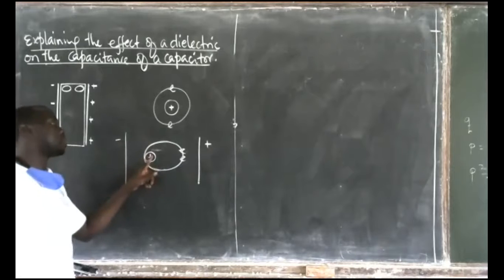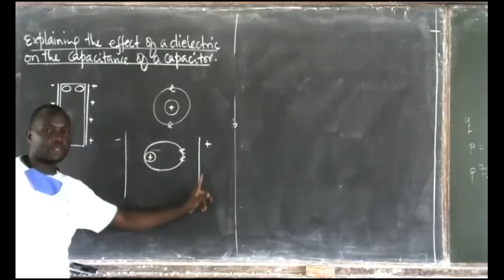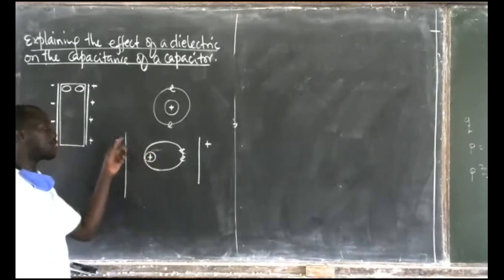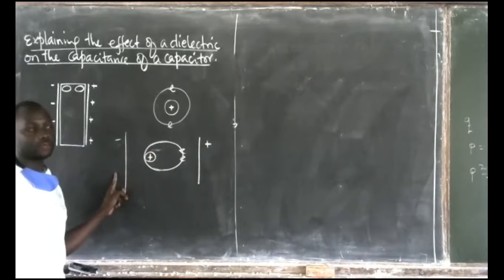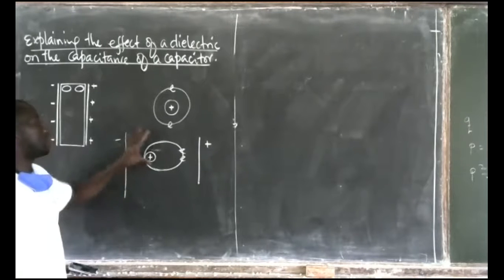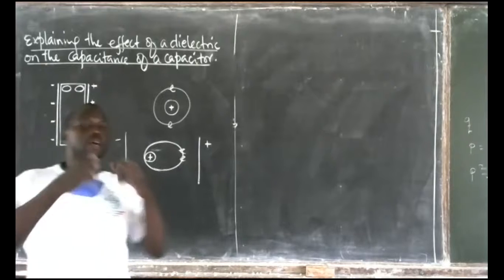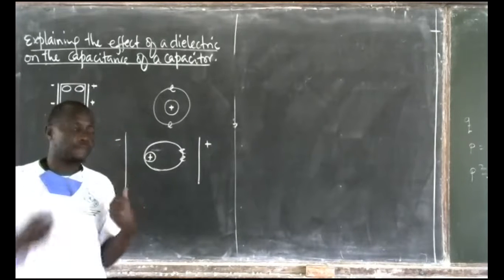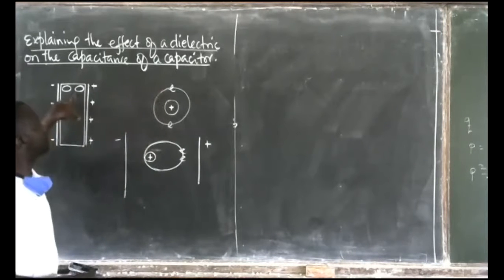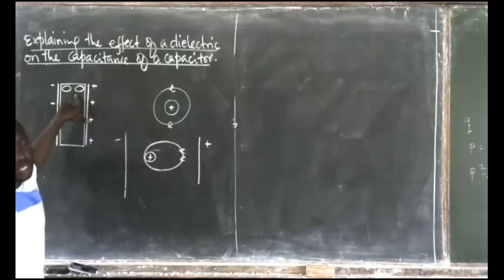Just like with the nucleus, you can say it is being repelled by the positive plate or it is being attracted by the negative plate, either way. So the orbits behave as if they are rubber bands, and therefore they appear to be in a stretched mode. But remember this, what we are bringing in here is an insulator.